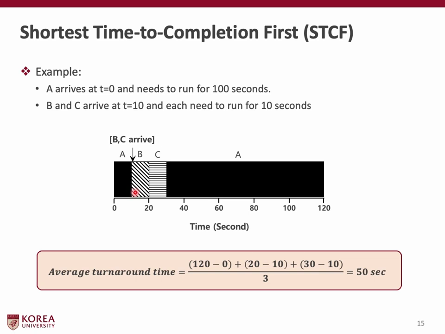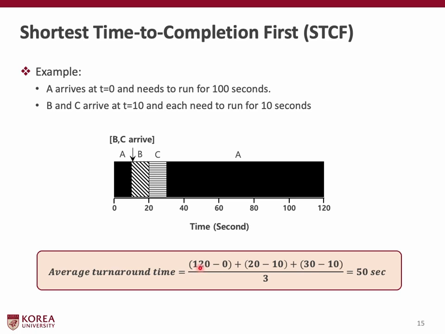So STCF will pause job A and run job B first and then C. And when they are done, job A can resume and run to completion. So the turnaround times are much better. I mean, job B finishes at 20, C at 30, and job A at 120.